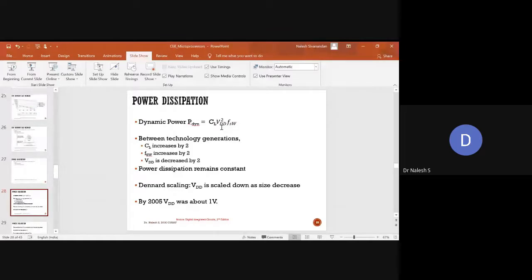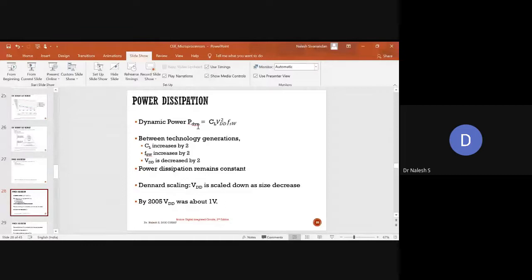So older technologies had higher power supply voltages. As you move from one technology generation to the next, you are reducing the power supply voltage. If the voltage is reduced by half, the power reduces by 1 by 4. So frequency increases by 2, capacitance increases by 2, VDD reduces by 2, so the power dissipation remains the same.